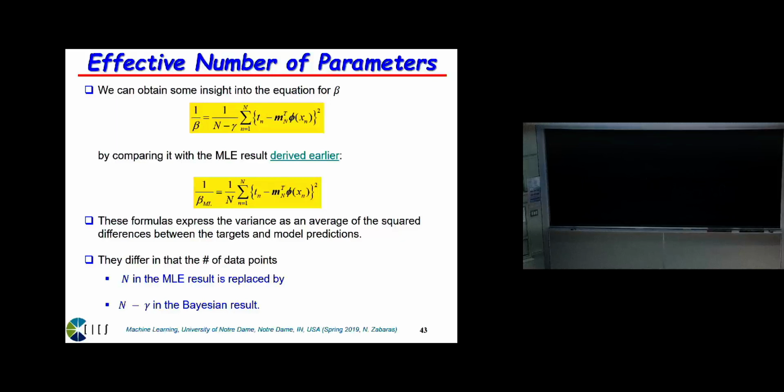The bias correction for the variance of the Gaussian. So effectively, how does the model here correct the bias of the MLE? It corrects it by accounting for the effective number of parameters that the model can compute.